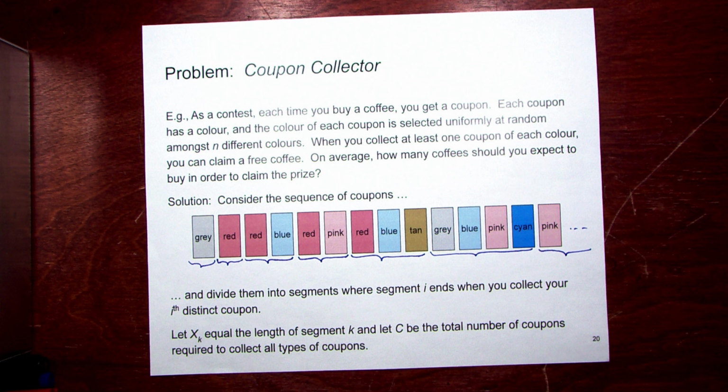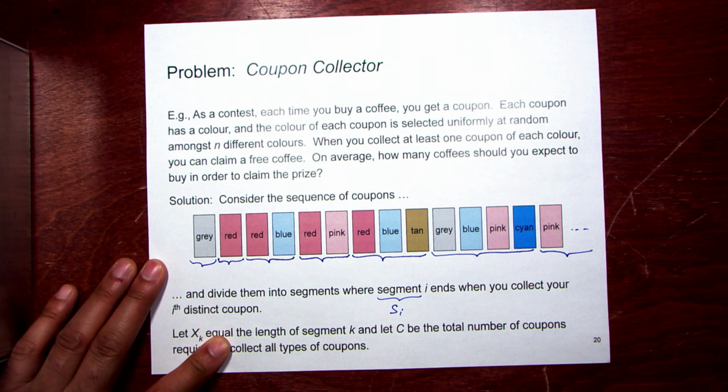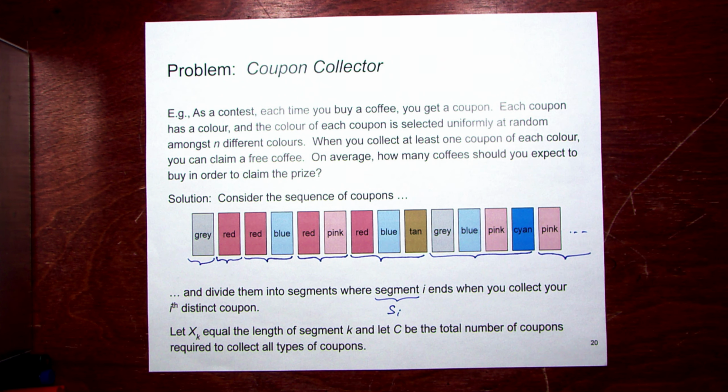You divide things into segments, where segment i, we could call S sub i, ends when you're happy, when you add another color to your bucket.